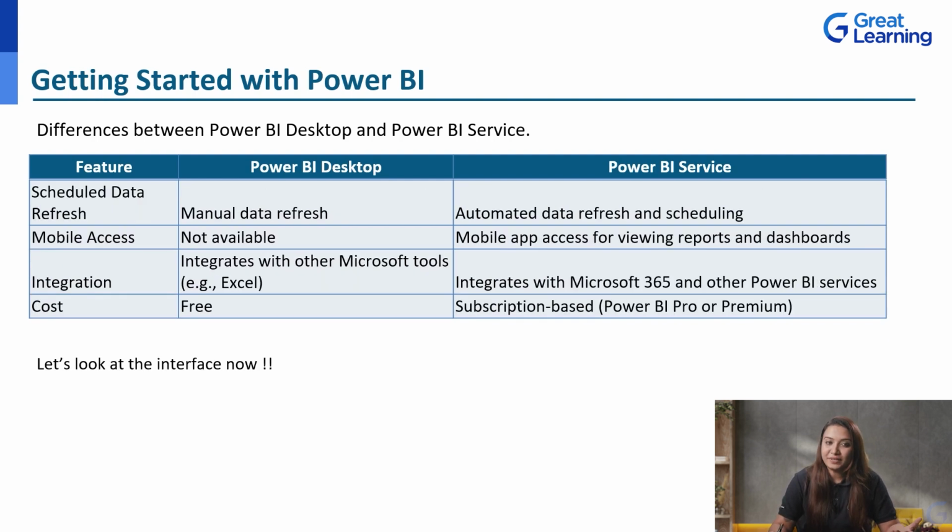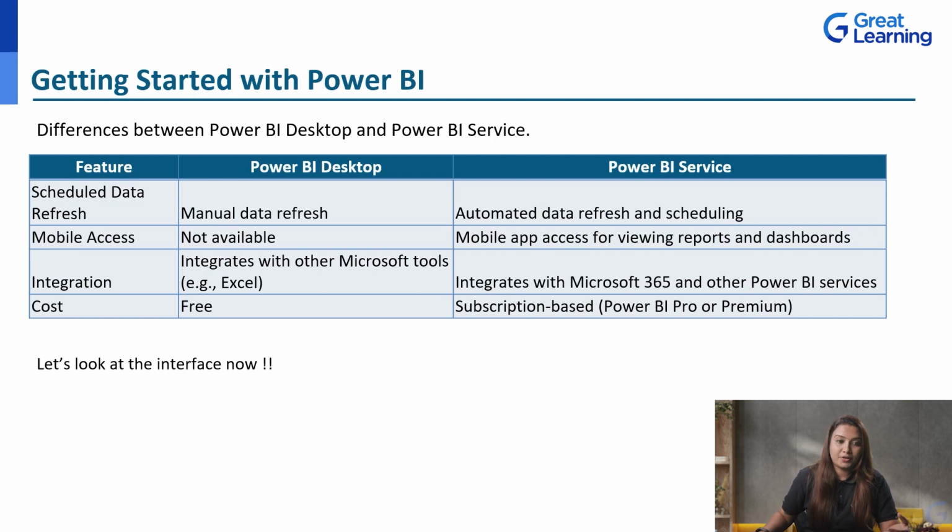Next comes scheduled data refresh. Here, manual data refresh will happen in Power BI desktop. Then in Power BI service, automated data refresh and scheduling will be happening. Mobile access. In Power BI desktop, you don't have a mobile access option at all. When it comes to the service, mobile app access for viewing the reports and dashboards is completely available.